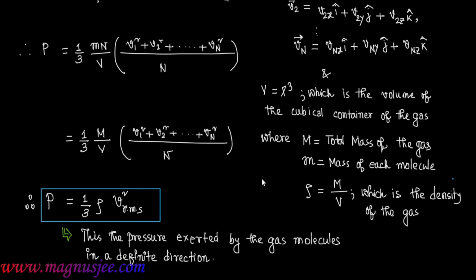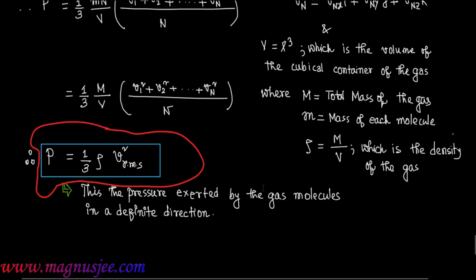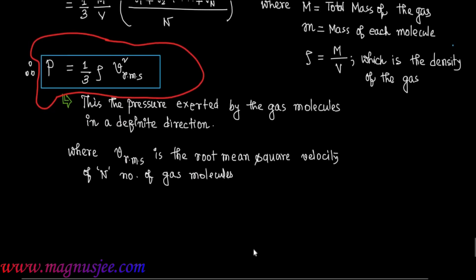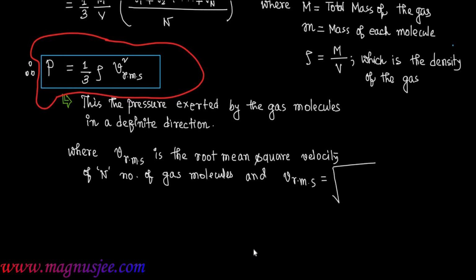P equal one third rho vrms square, which is the pressure exerted by the gas molecules in a definite direction, where Vrms is the root mean square velocity of n number of gas molecules, such that Vrms is equal root over v1 square plus v2 square plus dot dot dot plus vn square whole divided by n, and that is the RMS root mean square velocity of n number of gas molecules.